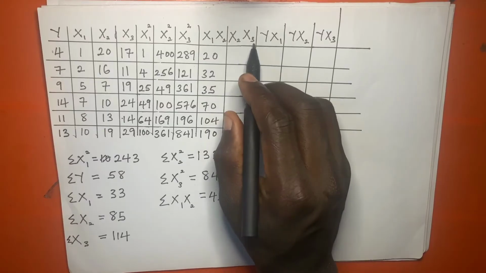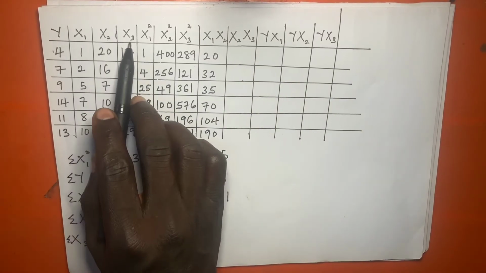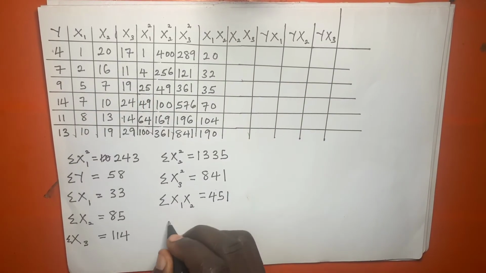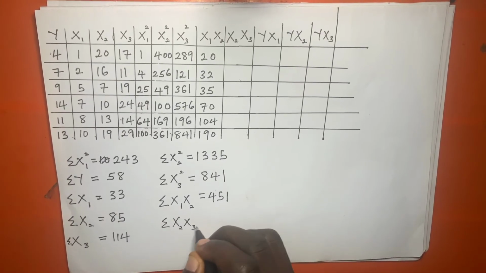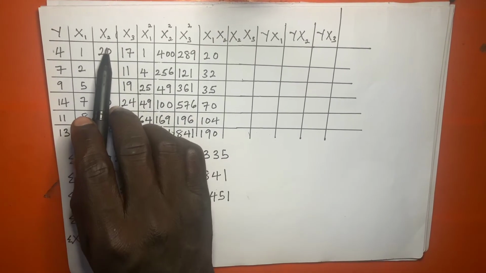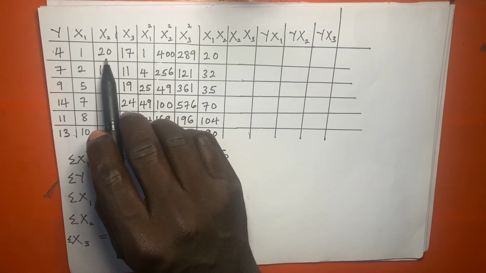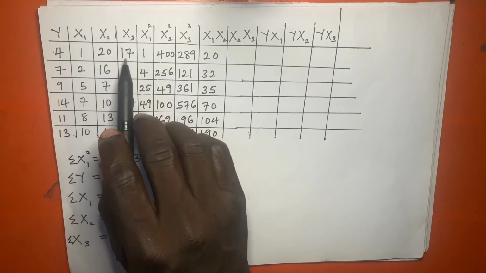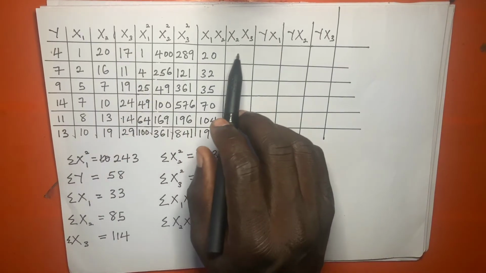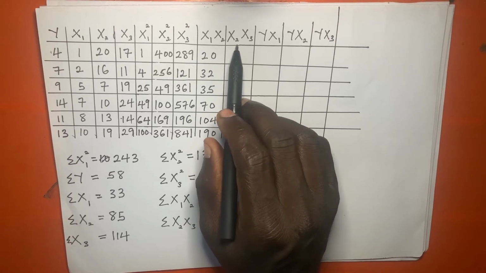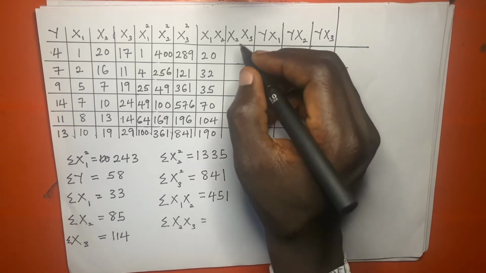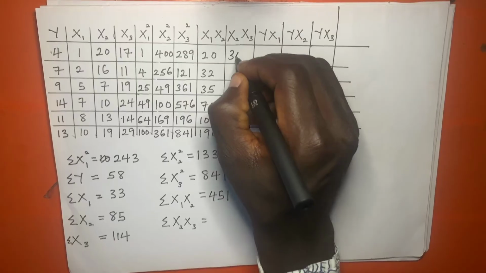Now x2, x3, multiply this column by this column. So we have a summation x2, x3, that is 20 times 17. So 20 times 17 will definitely give us 340.